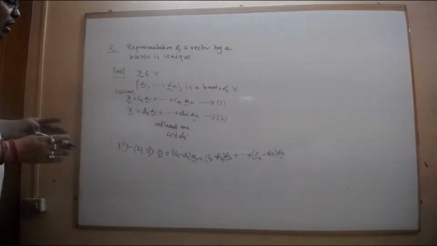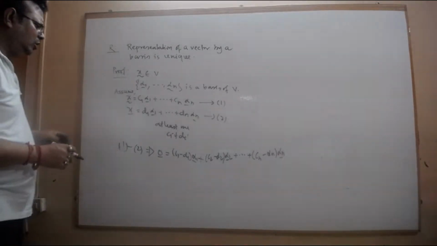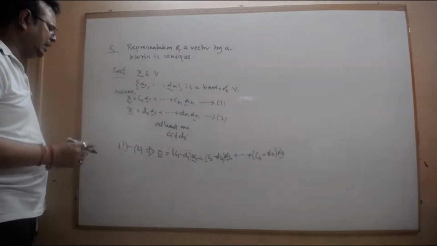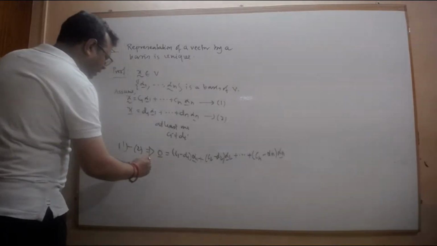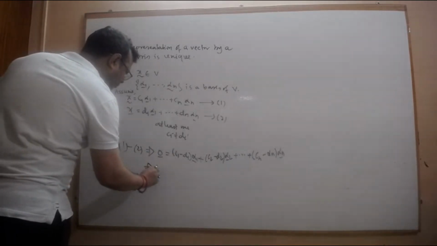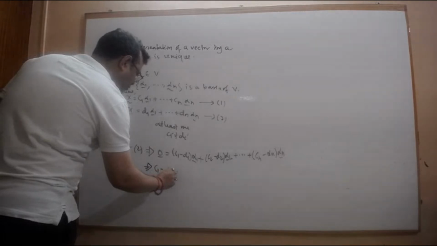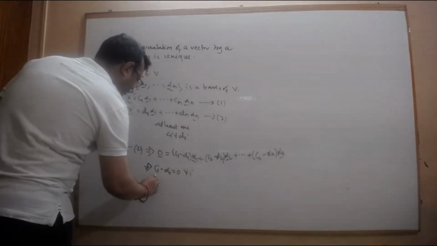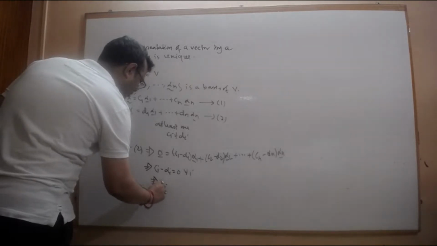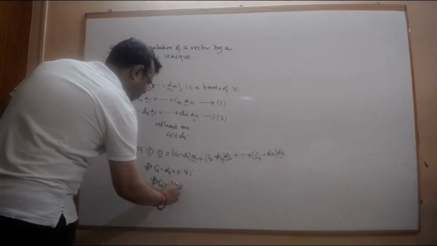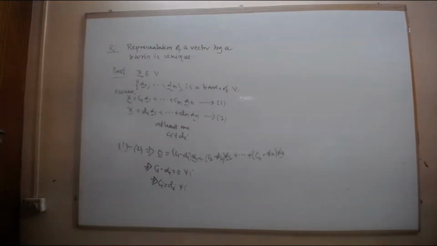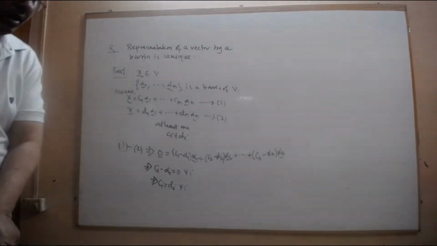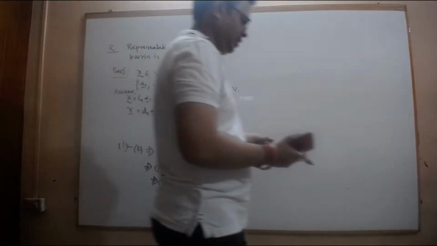Since alpha 1 to alpha n is a basis of V, alpha 1 to alpha n is linearly independent, and this implies, for all i, Ci minus Di equal to 0. Hence, representation of a vector by a basis is unique.